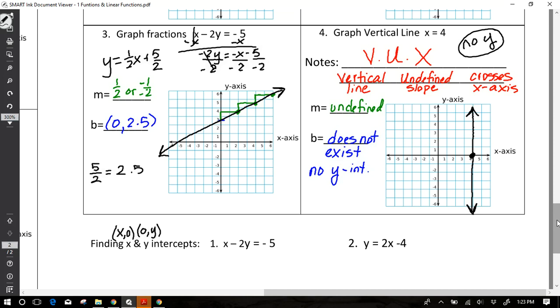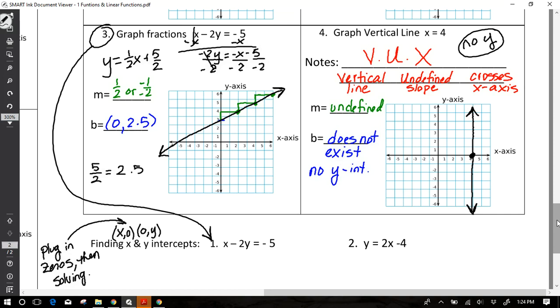So what this means is we will be plugging in zeros and then solving. It is good to know this method because if you look at the graphing the function in example 3, it's the exact same problem as number 1 right here. And I did that on purpose.